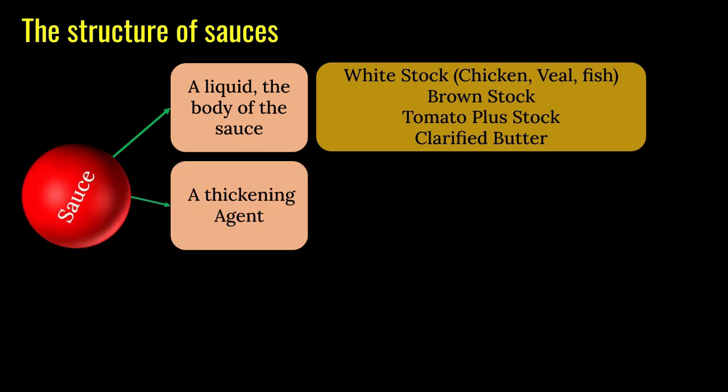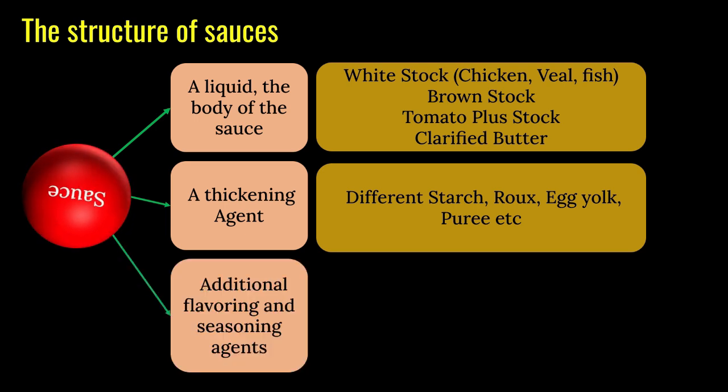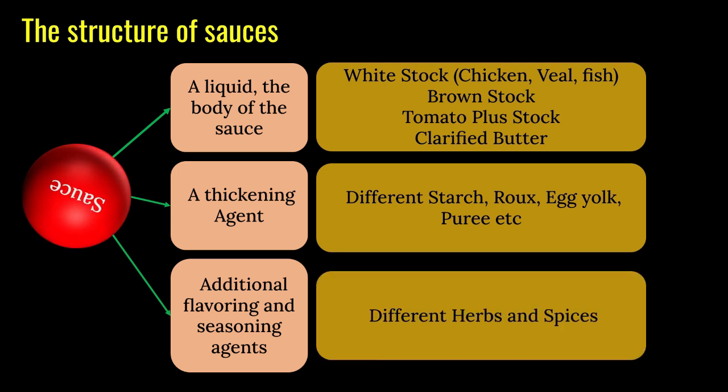Number two, a thickening agent. Already we have completed that. I told you at the beginning of this session as well that we need a thickening or binding agent, and they can come in different formats. That's why we classified them in our previous session. Different starches, roux, egg yolk, puree, etc. are very much used as thickening agents. The third element is additional flavoring and seasoning agents.